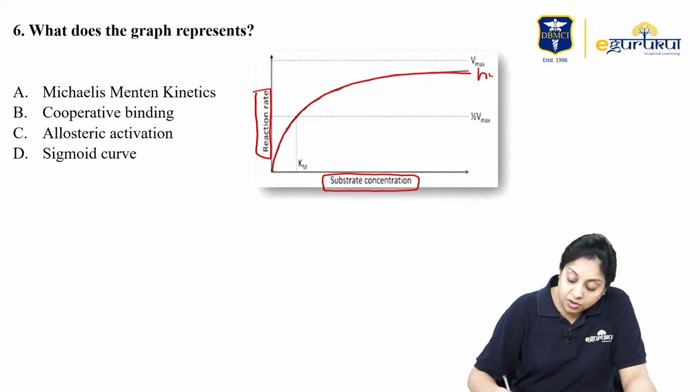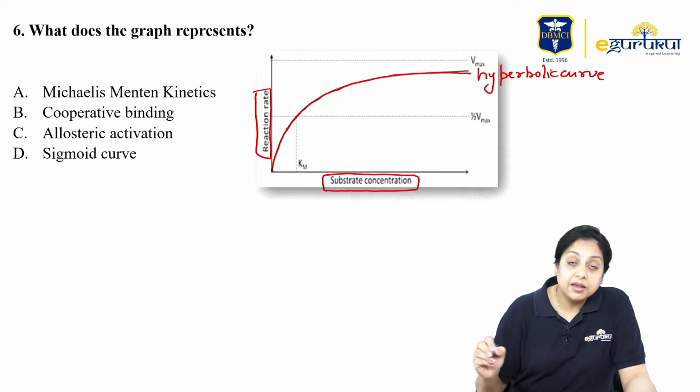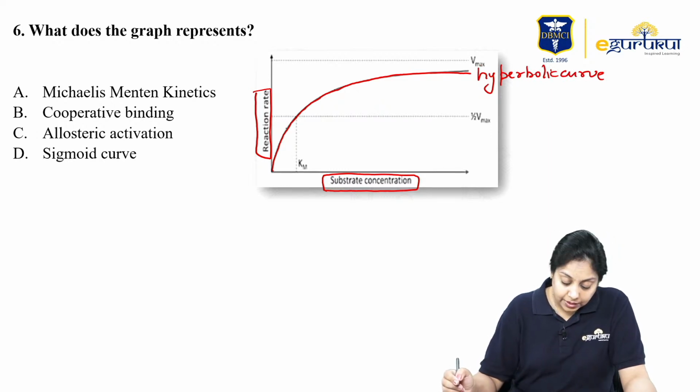So this is kind of a hyperbolic curve, and this is the Vmax that we indicate. So this is what?